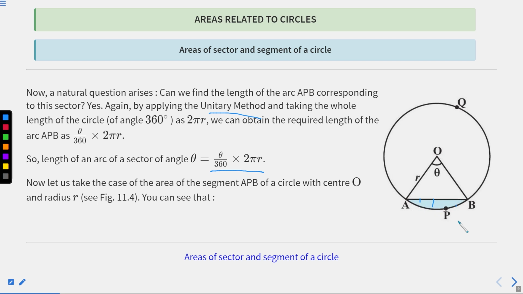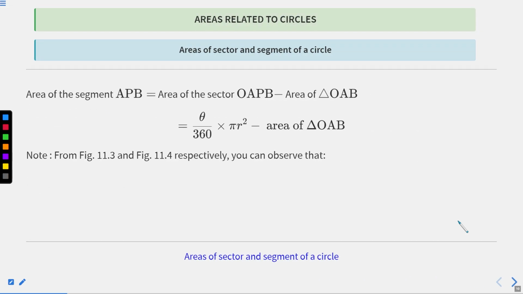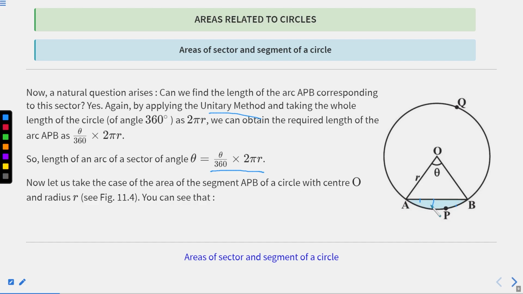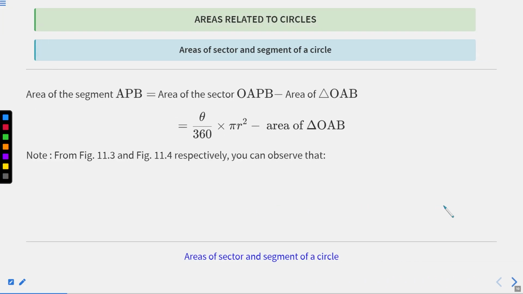You can see that the area of the segment APB is equal to the area of the sector OAPB minus the area of triangle OAB. So the area of this shaded region is the area of the sector OAPB minus the area of triangle OAB.